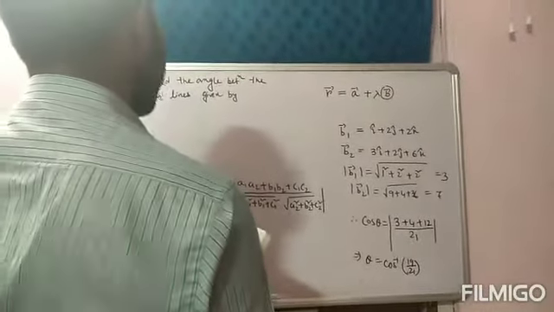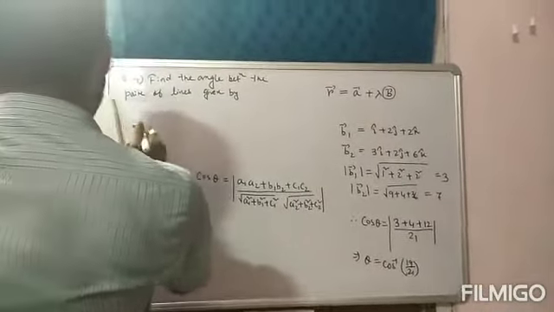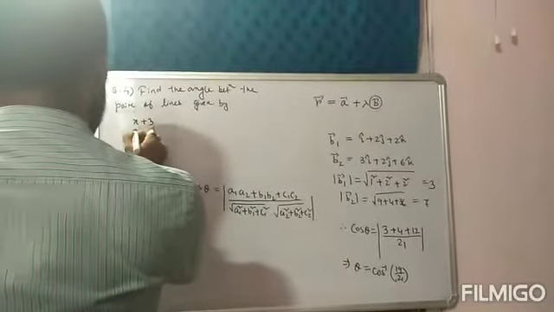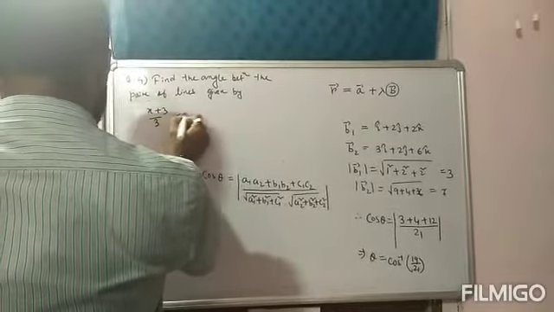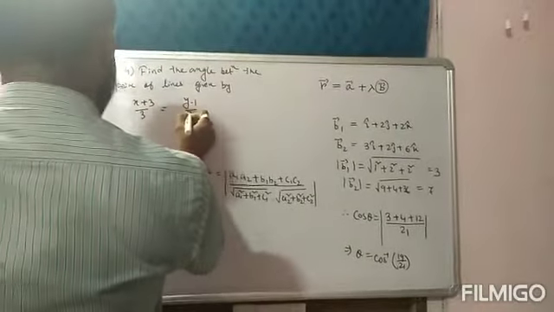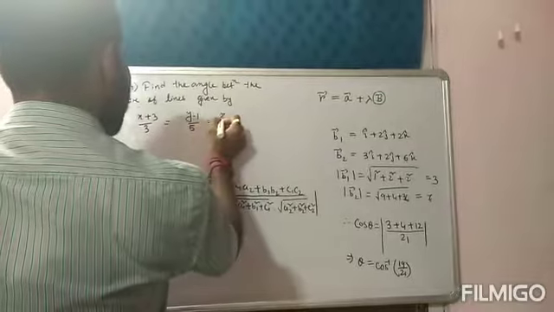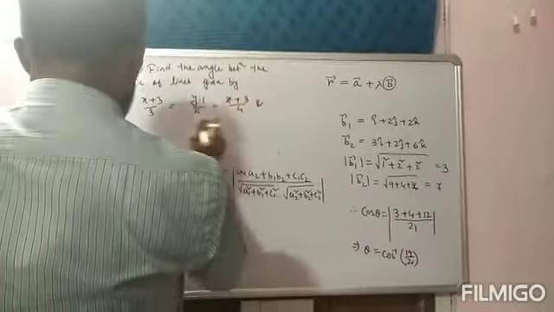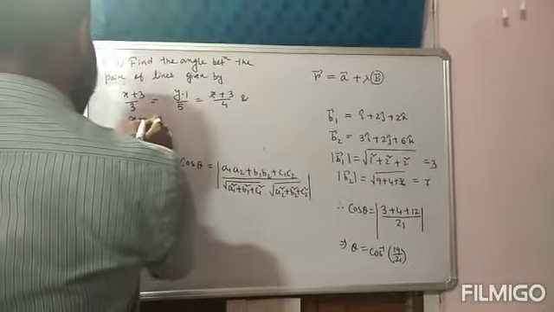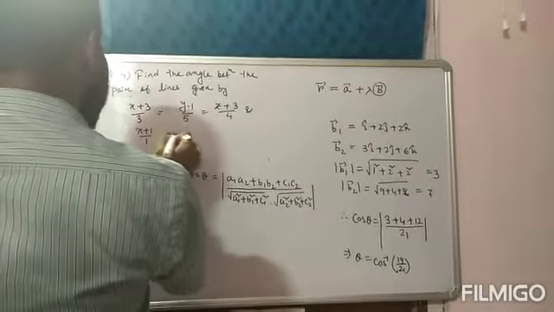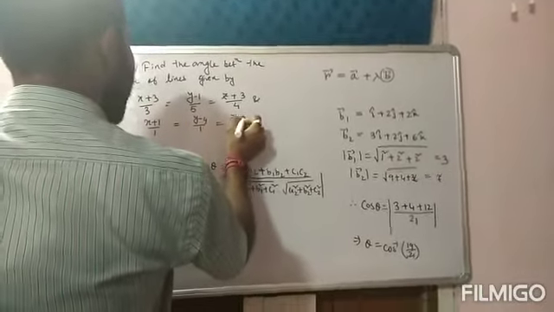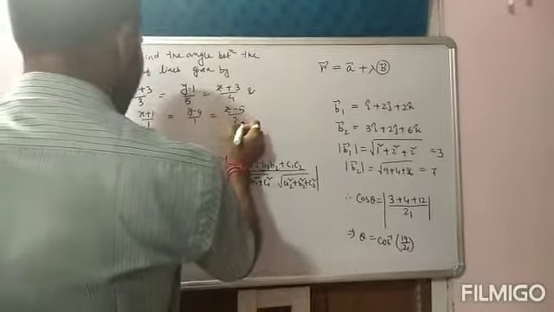Next question, find the angle between the two lines given by x plus 3 by 3 is equal to y minus 1 by 5 is equal to z plus 3 by 4, and x plus 1 by 1 is equal to y minus 4 by 1 is equal to z minus 5 by 2.